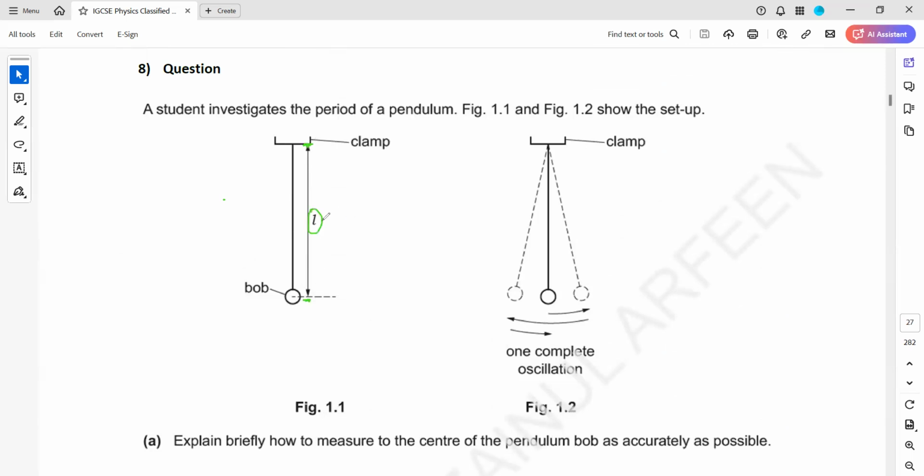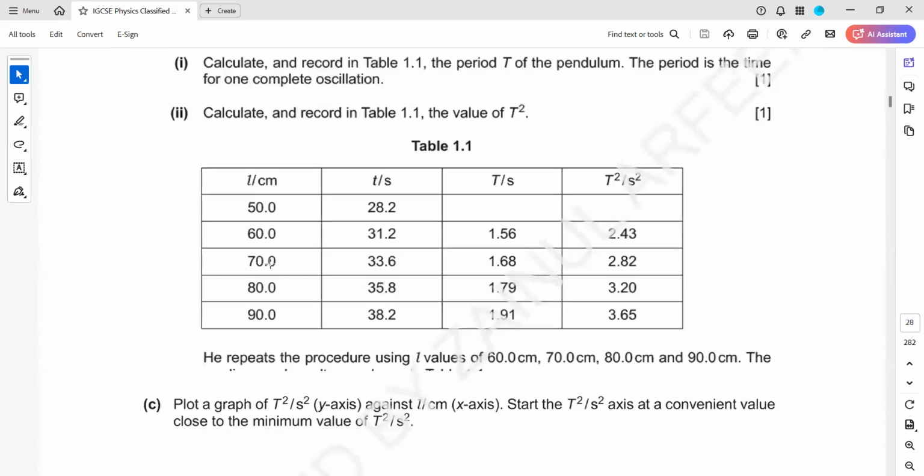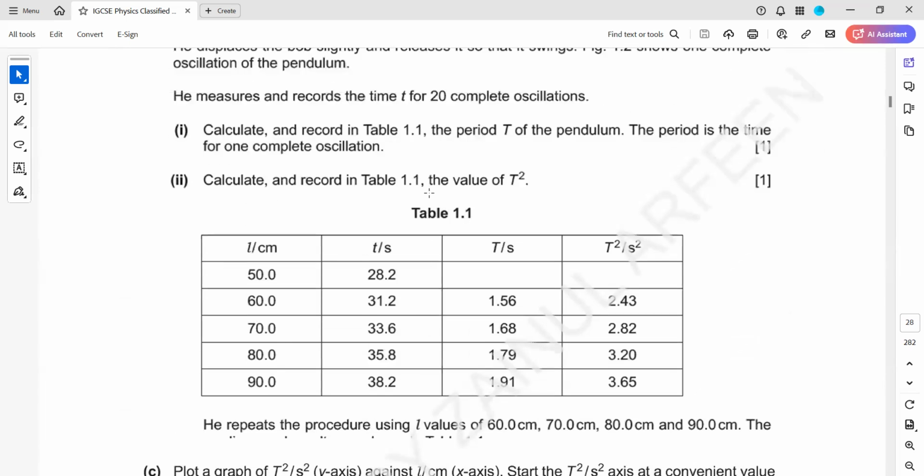This is the length L. First he took 50 centimeter, then he changed the length to 60 centimeter, then 70 centimeter and so on. So he changed the length throughout the experiment, as you can see here: 50, 60, 70, 80, 90. And he recorded small t as the time for 20 oscillations and capital T as the time for one oscillation.